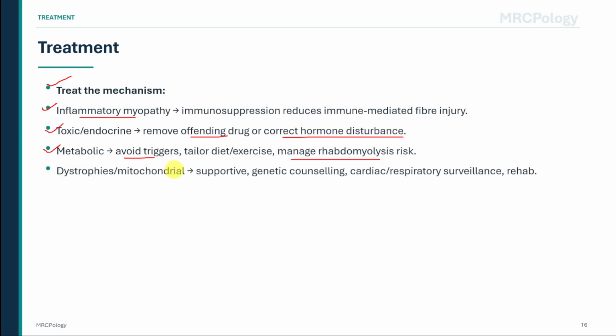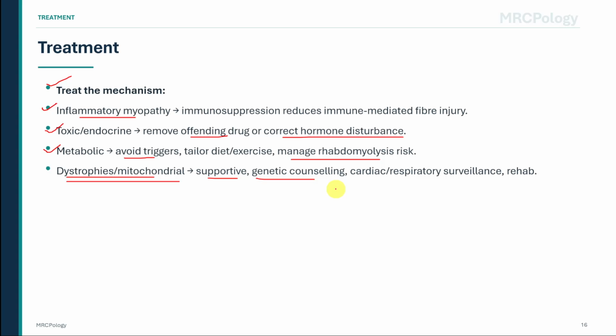Treatment of muscular dystrophies and mitochondrial myopathies is often supportive and multidisciplinary. Management may include physiotherapy, rehabilitation, mobility support, prevention of contractures, genetic counseling, and regular cardiac and respiratory surveillance. Some inherited disorders now have disease-specific treatments, so precise genetic diagnosis is increasingly important.